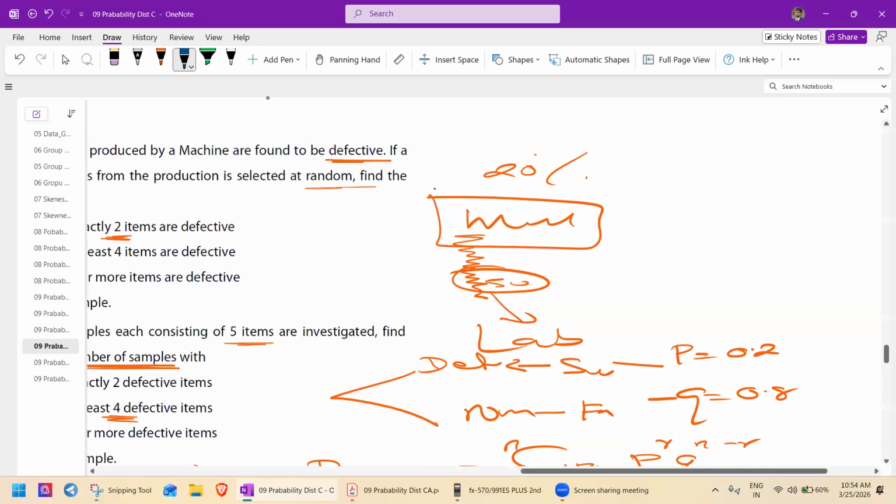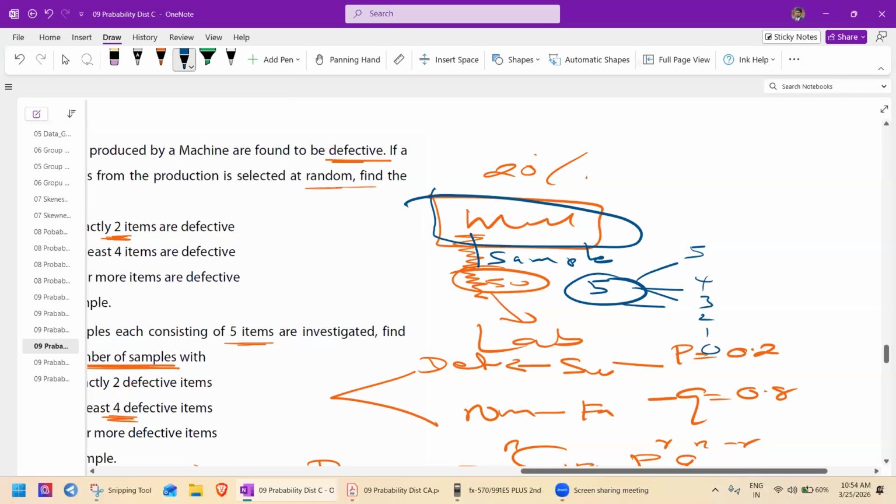They take one sample, each sample consists of 5 items. So these 5 items will be tested, and we have found the probability of getting 5 defective, 4, 3, 2, 1, 0. So this is how we found the possibilities and probabilities.